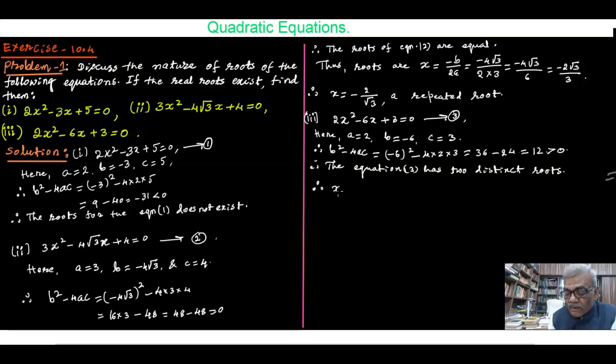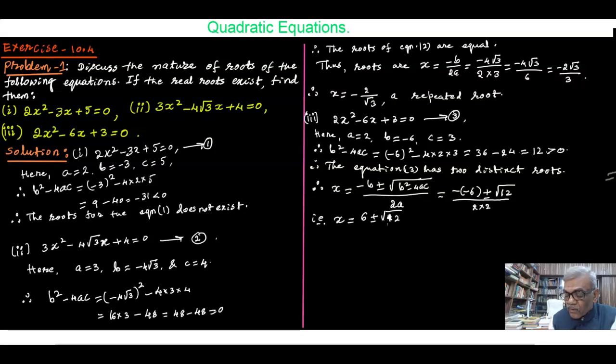Those two roots are given by x equal to minus b plus or minus root of b square minus 4ac divided by 2a, that is minus of minus 6 plus or minus root 12 divided by 2 into 2, that is x equal to 6 plus or minus root 12 by 4.